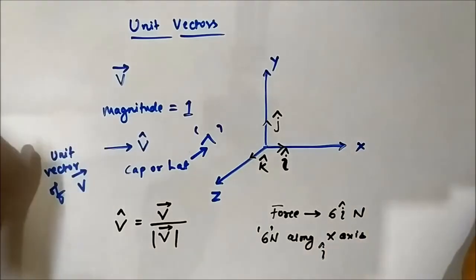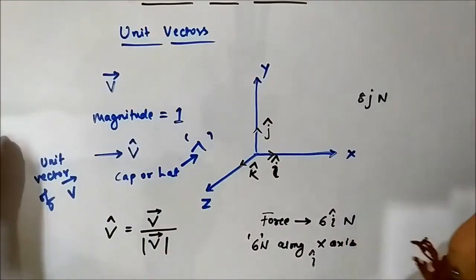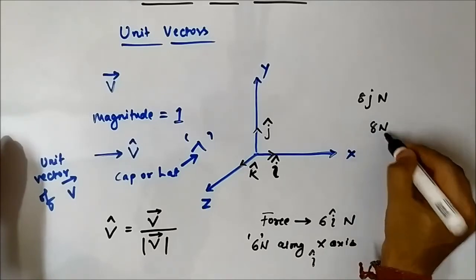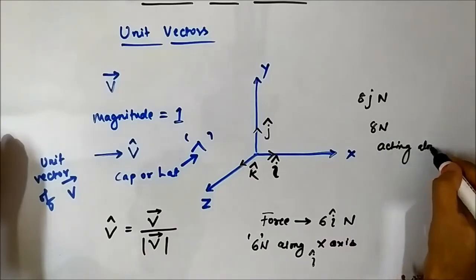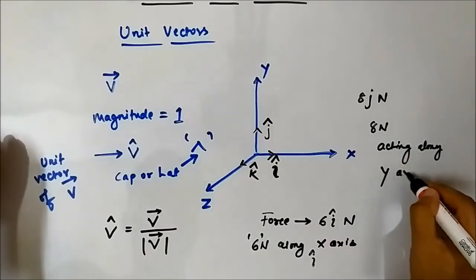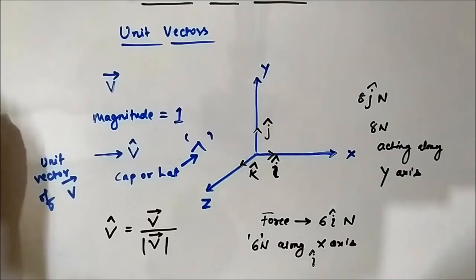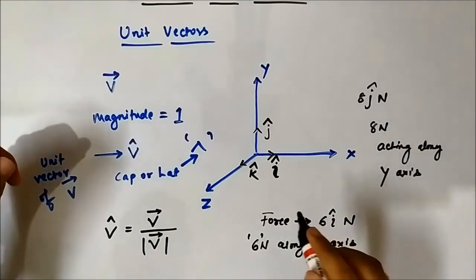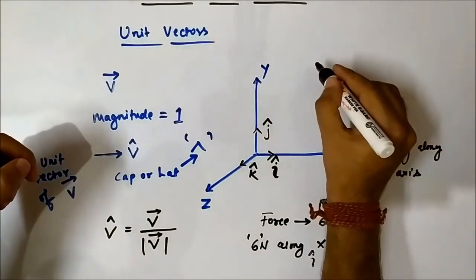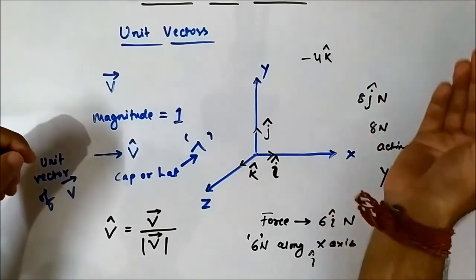Suppose we have another force, let's say 8 J Newton. Here the magnitude is 8 Newton and it is acting along the y axis. The unit vector only gives us the direction of the vector quantity. This number value gives us the magnitude. Suppose we have another force, let's say minus 4 k cap, whatever the value is.